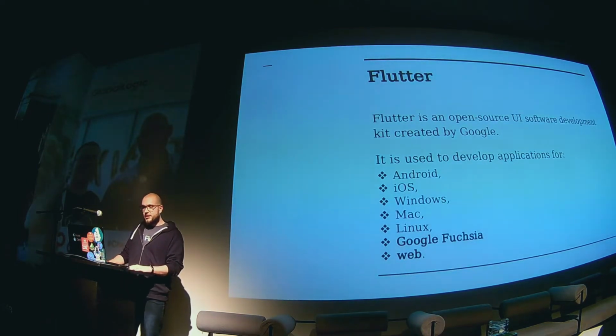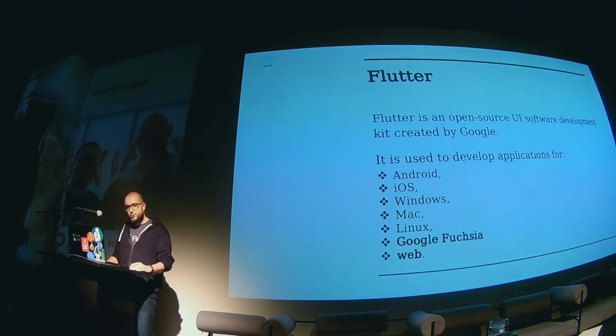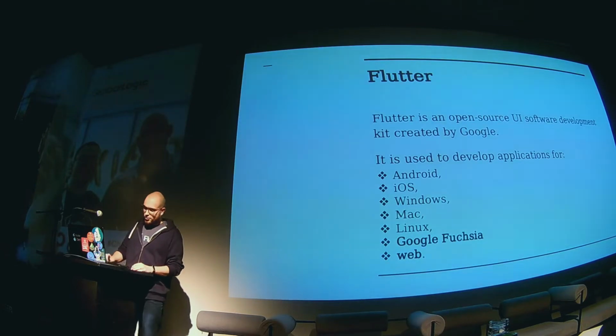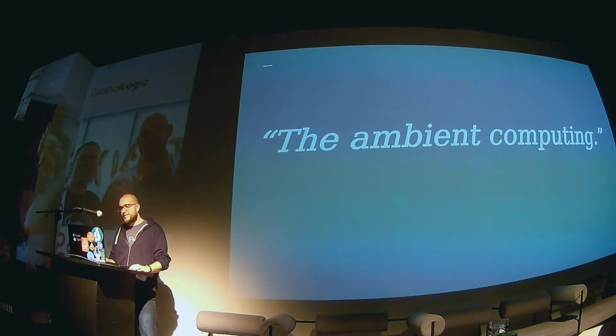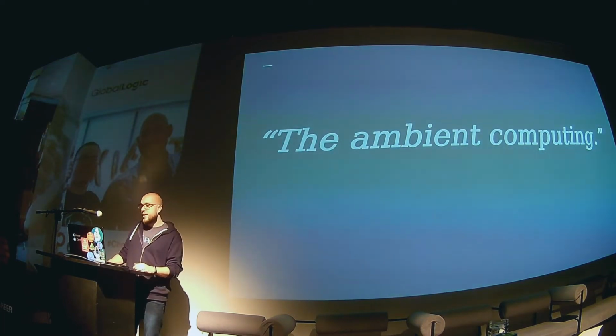Basically, this brings us to a moment when Flutter will work on everything that has a screen. And Google called it really nicely the ambient computing. It's a really nice catchphrase that shows the core reason for the existence of Flutter.